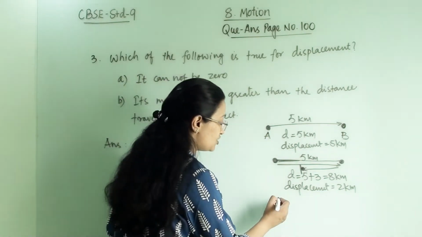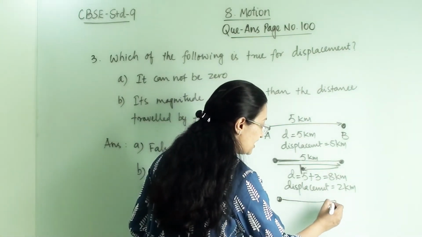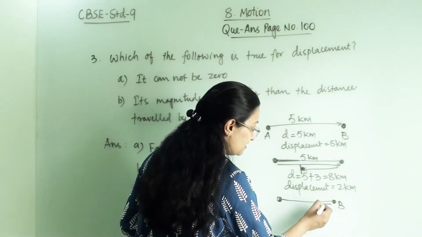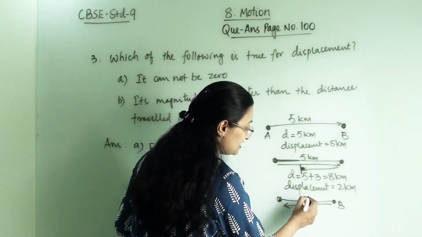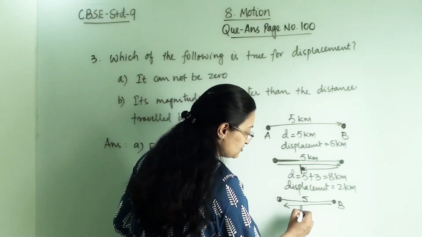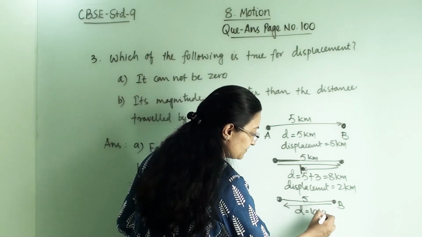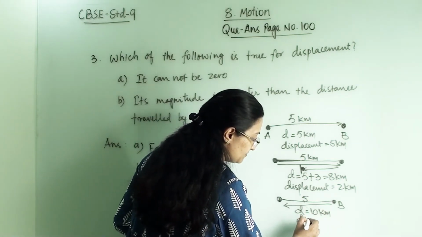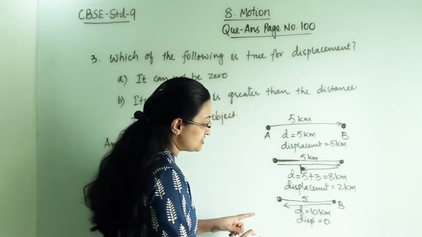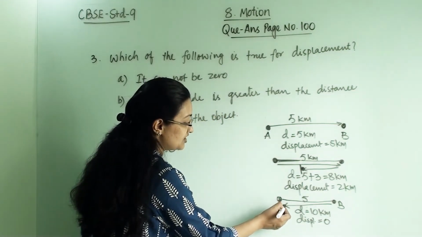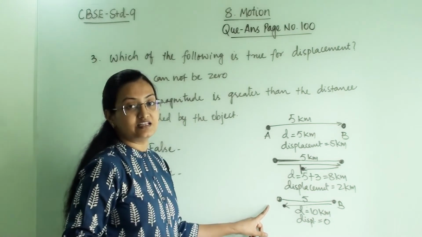Now another situation, where it starts from A, reaches B, and again comes back to A. So here the distance travelled is 5 plus 5, so the distance is 10 kilometers. But the displacement here is 0, because the final position is the same as the initial position.